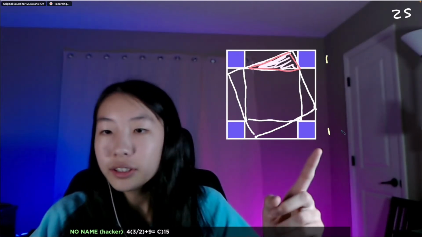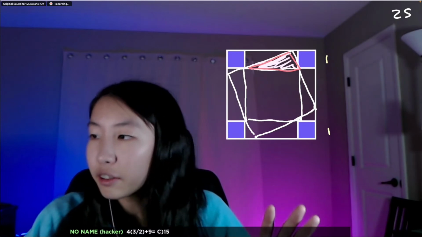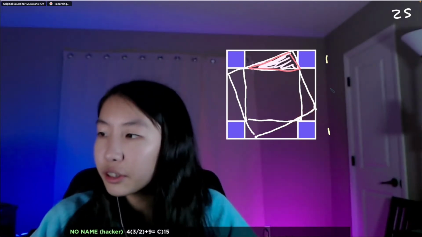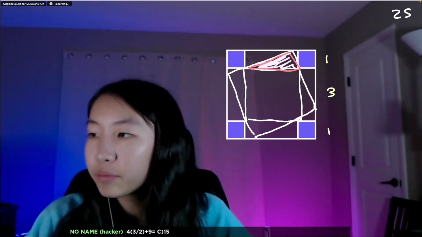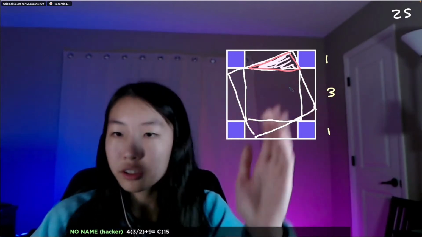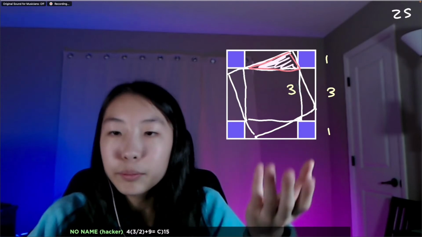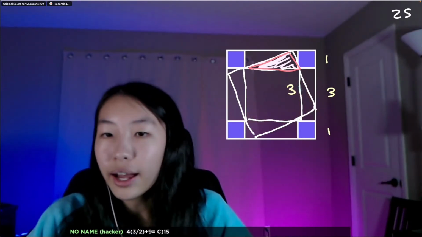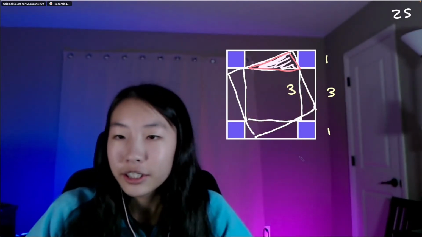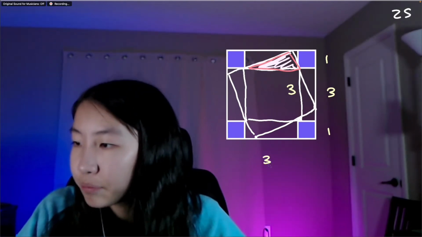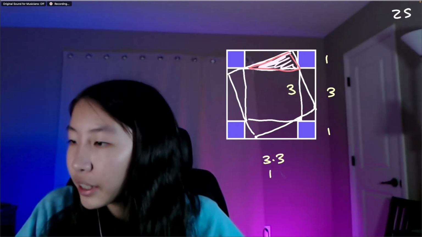So side length of 1, original square had side length of 5. So this over here is going to be 3. And if we know that these are parallel, this is also 3. So looking at the middle square first, it's going to have an area of 3 times 3. That's our square area.